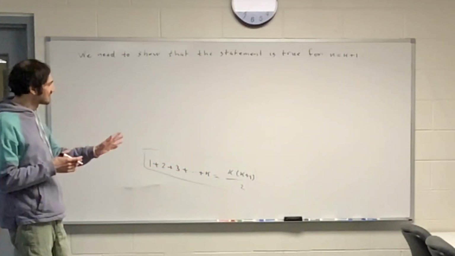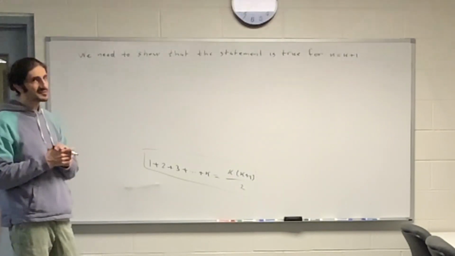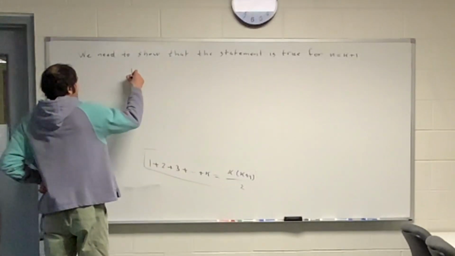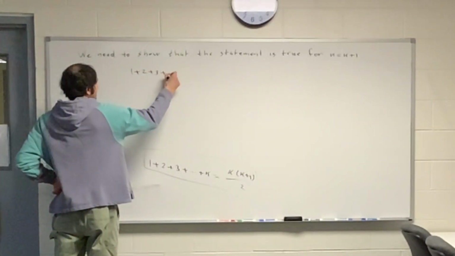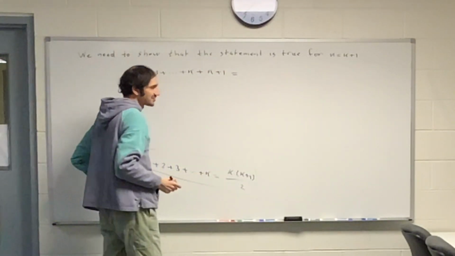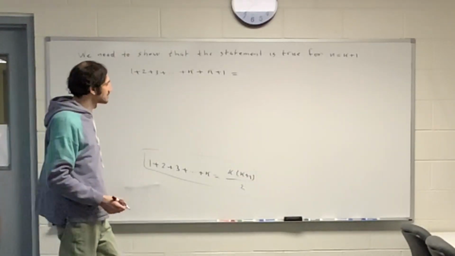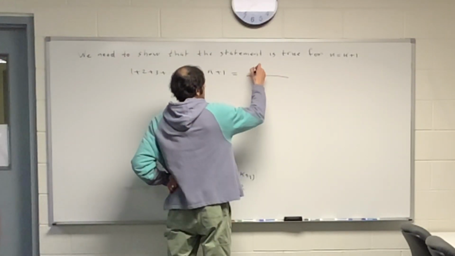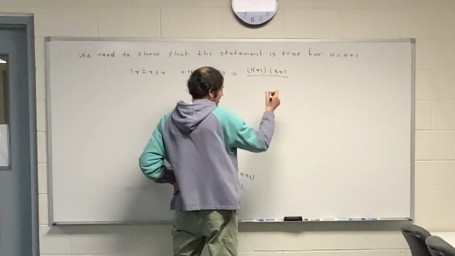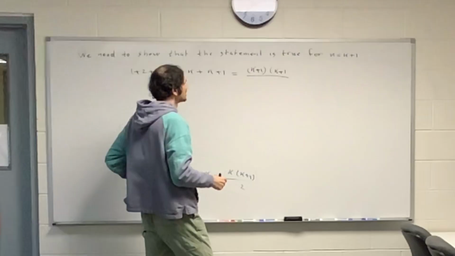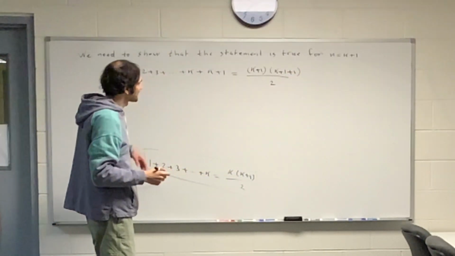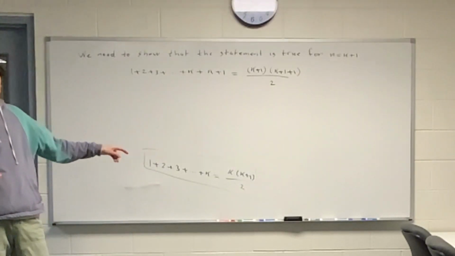So if I have this statement and I want to show it works not just for k, but for k plus 1, then I want to show that 1 plus 2 plus 3 up to k plus 1 will also equal the right hand side, but instead of k, I'm going to plug k plus 1. So here I'm going to have k plus 1 instead of k, and again k plus 1 instead of k, and I already have plus 1, so don't forget to add plus 1 here, all divided by 2. How can I show that this statement is correct, assuming that my statement down there is correct?